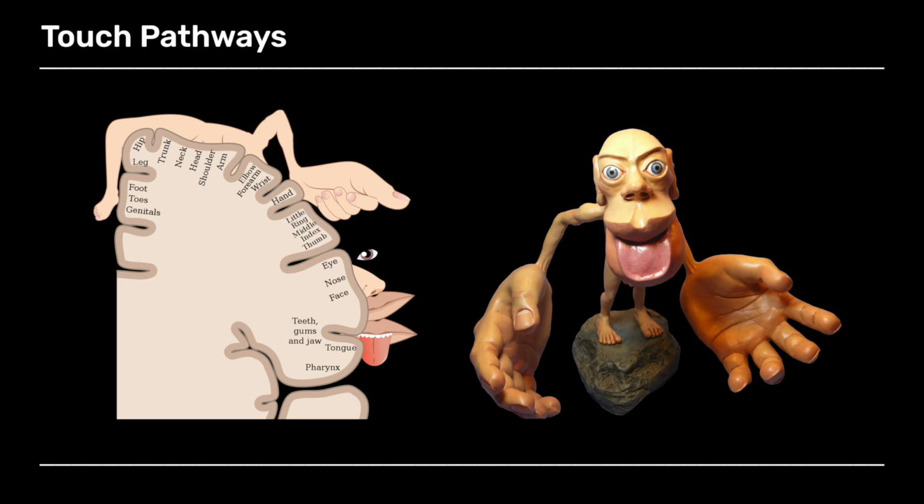If you think back to the slide about two-point discrimination, the face and the hands are the regions that have the highest sensory acuity because of the high density of receptors compared to the back and the legs.